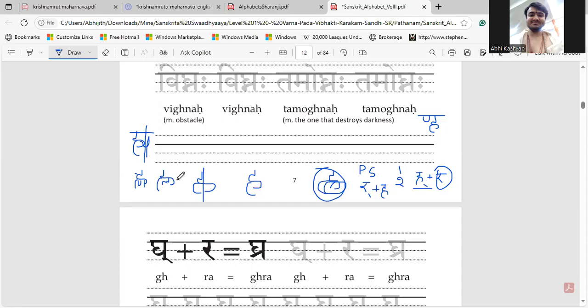Ha first, La next. This is Lh. Hla, Lh. So this one thing must be understood, that Hakara, since that is the difference that we find in reading this.